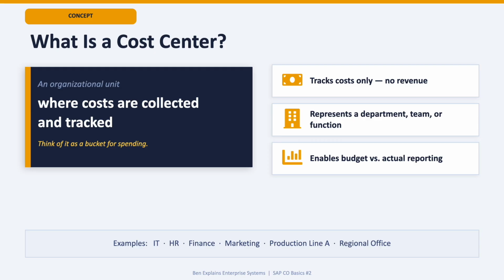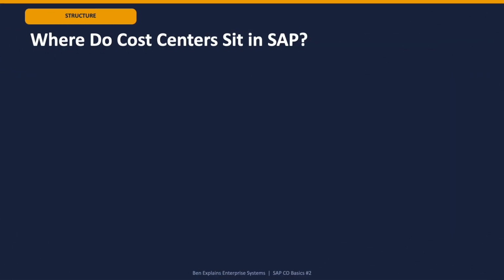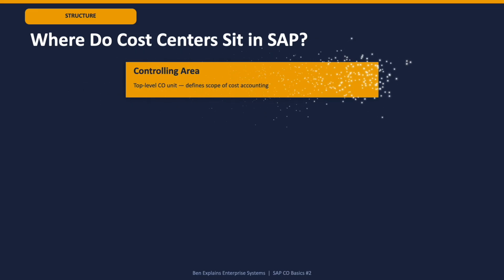Next, let's talk about structure. Because in SAP, everything fits within a hierarchy, and cost centers are no exception. Cost centers belong to a controlling area. The controlling area is the top-level organizational unit in SAP CO. It defines the scope of cost accounting.